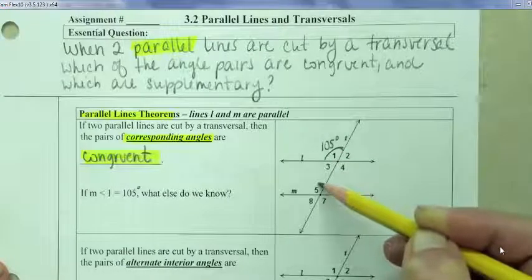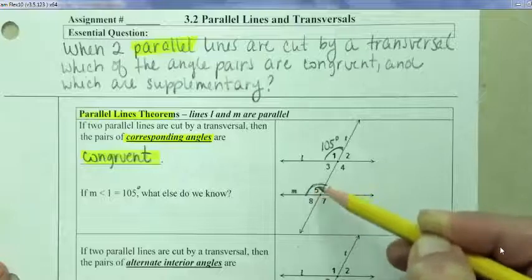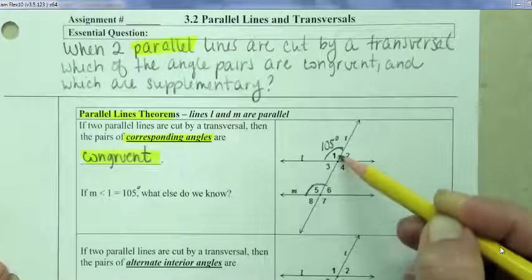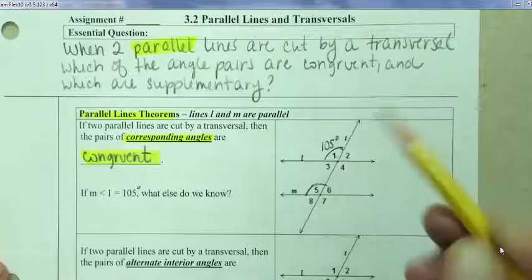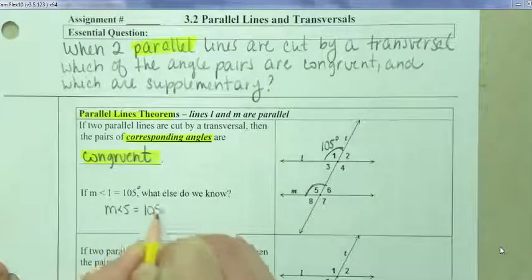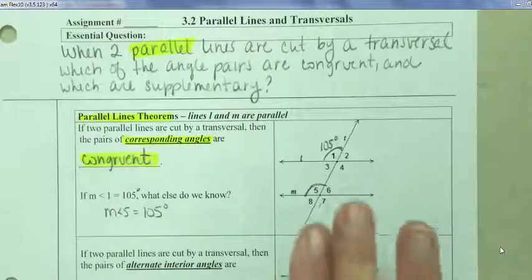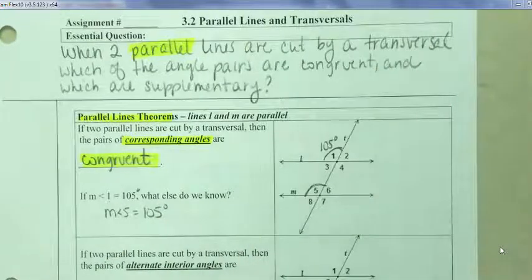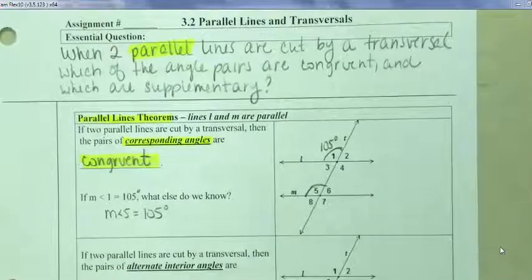So angle 5 is also above, it's in the same position, right? So angle 1 and angle 5 will be congruent, so we also know then that the measure of angle 5 is equal to 105 degrees. I'm going to stop there. From there we can figure out what every single one of these angles are, but we're not going to do that right now.